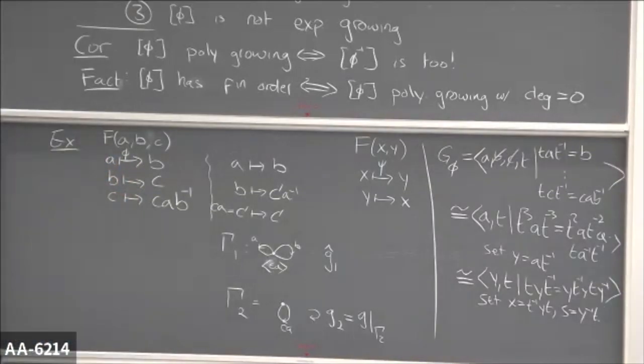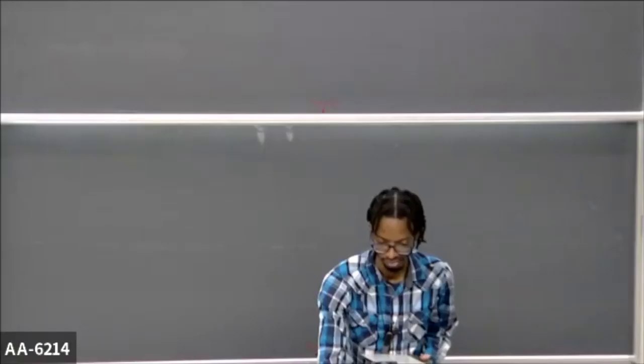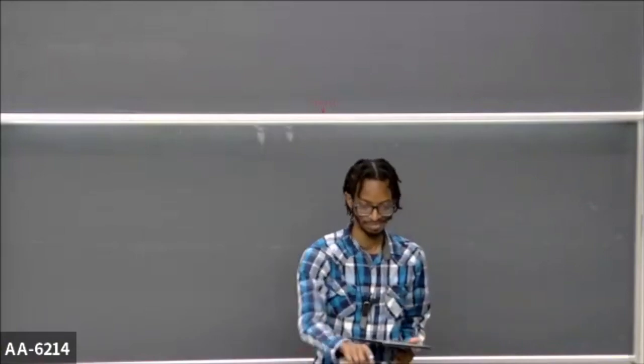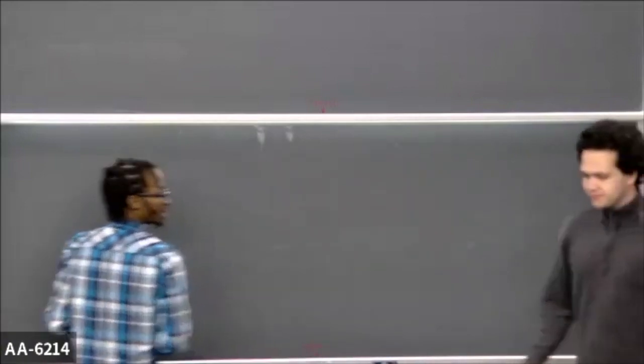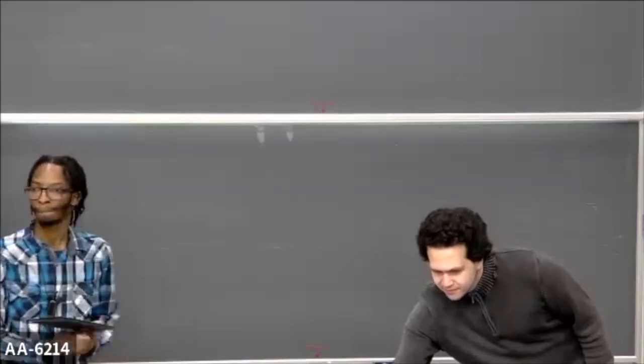All right, so can you move this? JP, how would you check that this is degree 0? We know it's polynomially growing, so you check the lambda i's are 1. How easy or hard is it to check directly that it's degree 0? Well, no, you can just check that it's finite order.